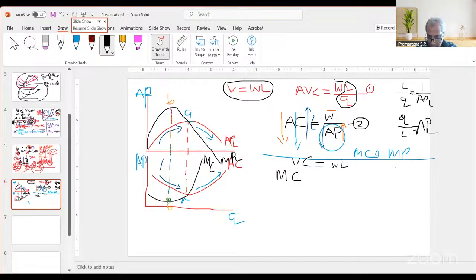What you have to do is differentiate this variable cost. That's the first thing we did. Differentiate the variable cost with respect to Q. Now we already got the variable cost here, W.